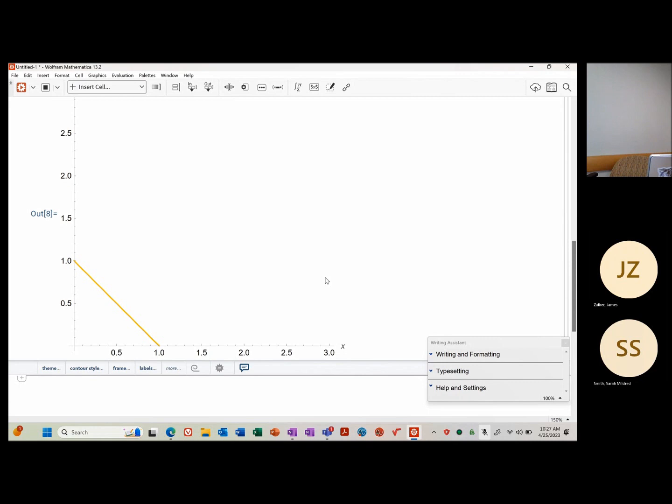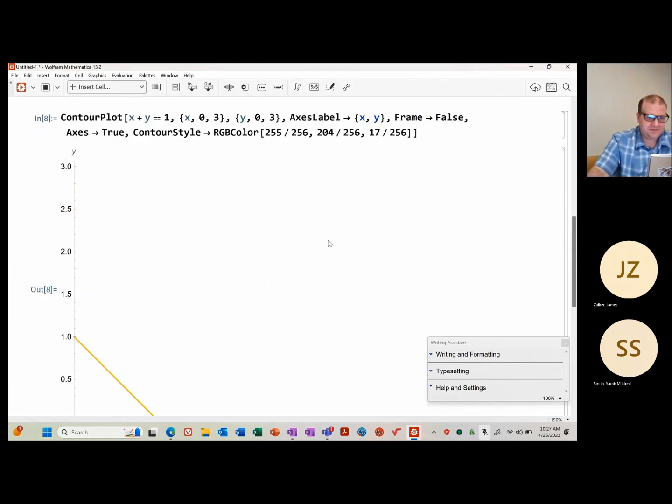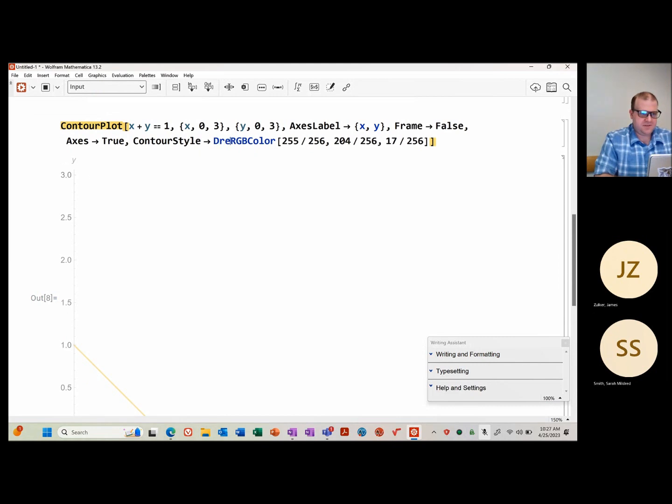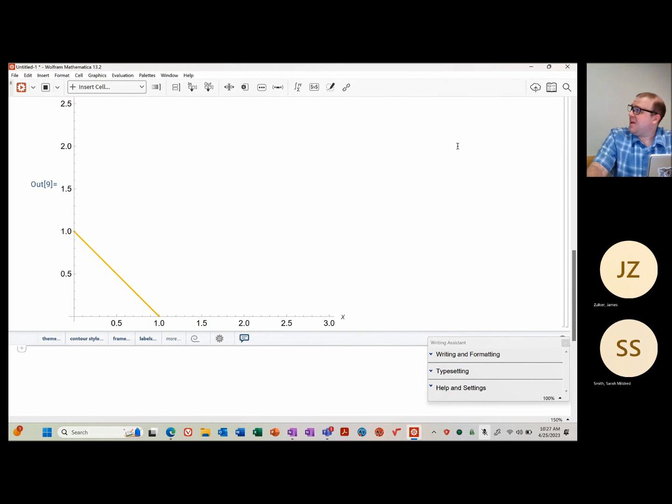This projector sucks. I don't think that fixed it.